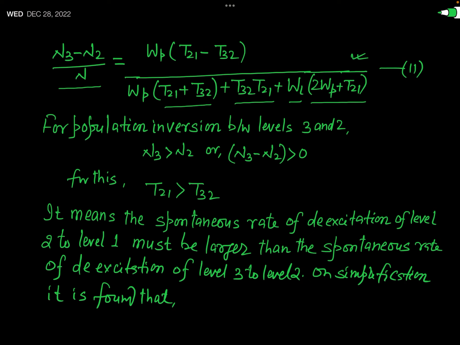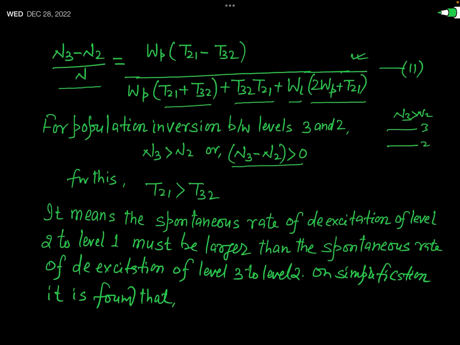Now, if there is a population inversion between the third energy level and the second energy level, then N3 should be greater than N2. In this condition, N3 minus N2 will be greater than 0, that is positive.